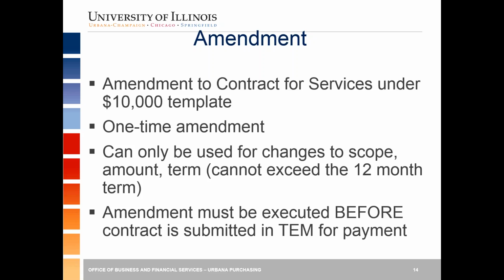There is, however, currently a lot of discussion going on around the rules related to expedited payment requests. Darren, my understanding as of right now, we certainly don't want to encourage it, but it is possible for a unit, if necessary, to submit an expedited payment request to support the contract for services under $10,000 template, but probably more to come. Right.